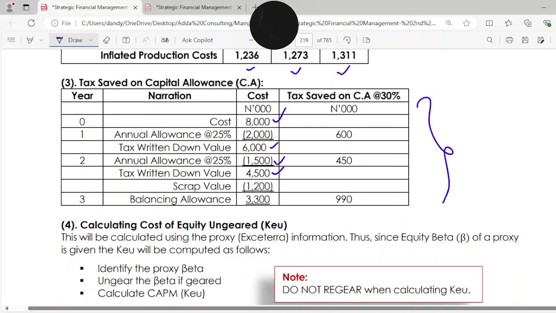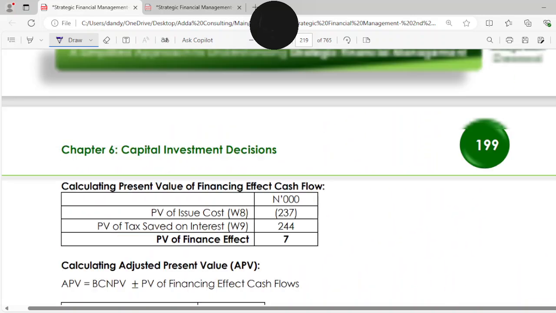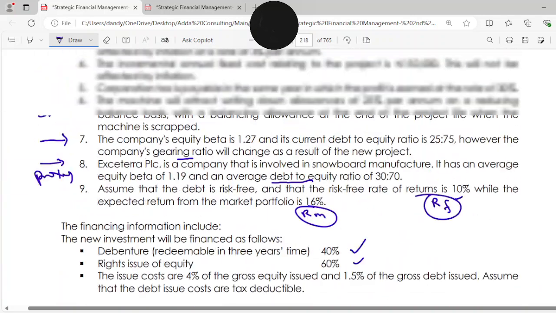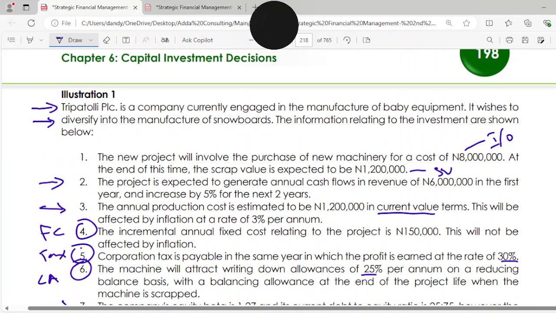Then this asset has 3 years life. Therefore, since year three is the final year, I need to compare the tax written down value from the preceding year of 4,500 with the scrap value of 1,200. When you look at the additional information number 1, we are told that the scrap value of the asset is 1.2 million naira.